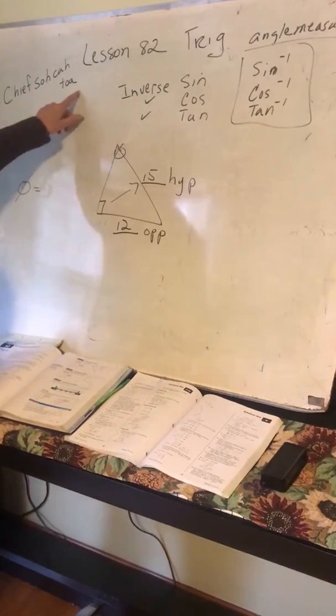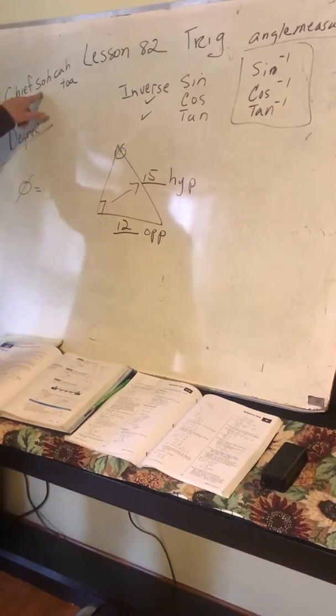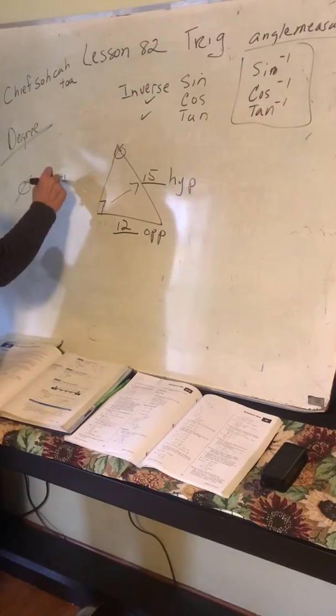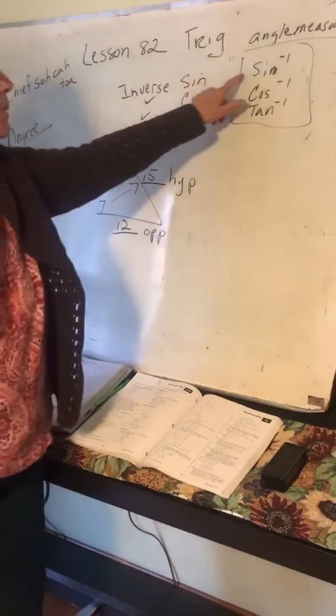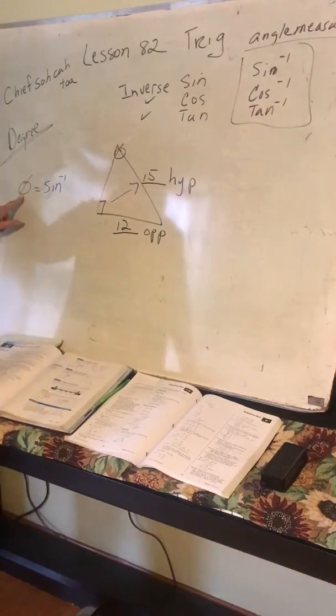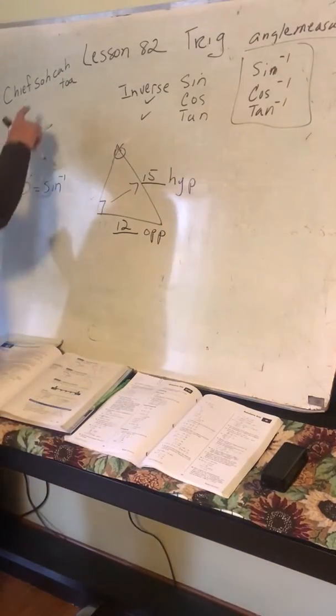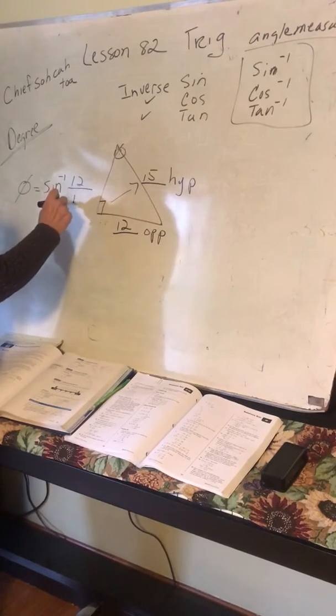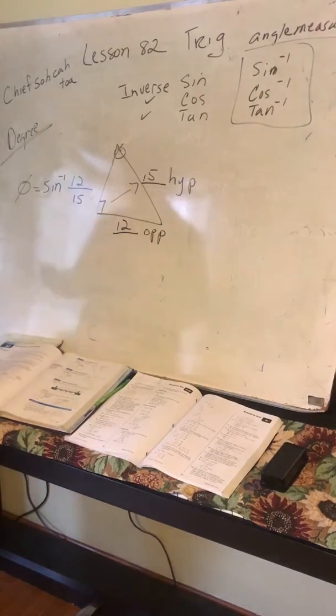We look over here at the chief and see which one we're going to use. Well, we're going to use sine, aren't we? We have to use the inverse sine because we don't know the angle measure. That's what we're trying to discover. And it's opposite, so the opposite goes first over the hypotenuse.